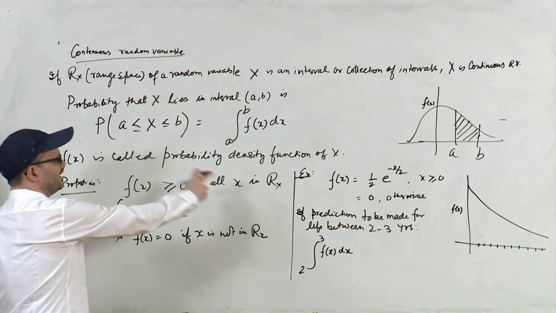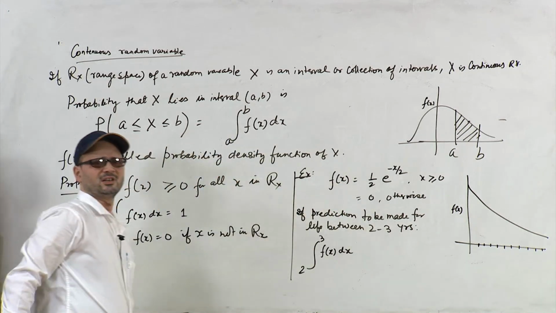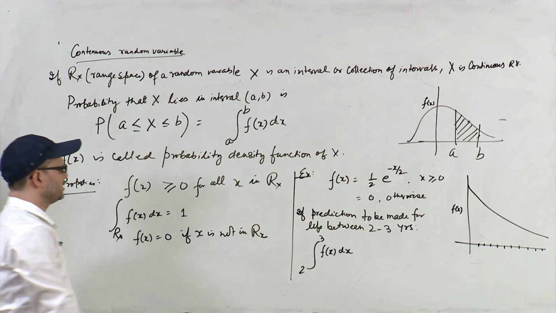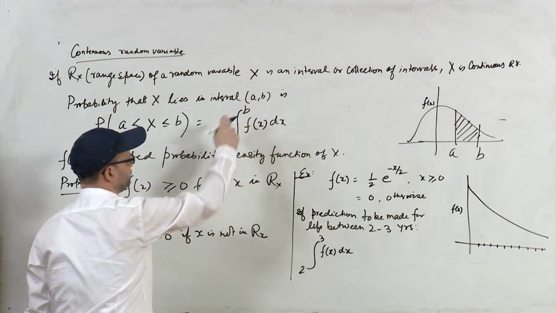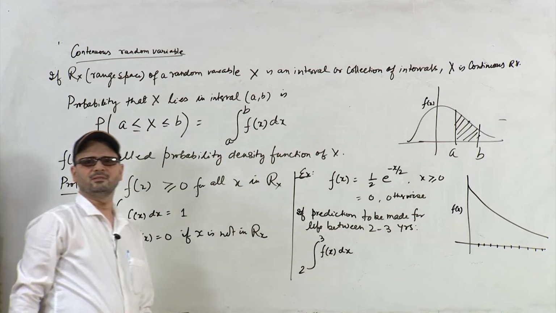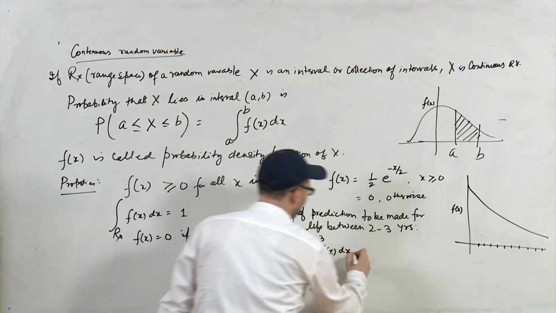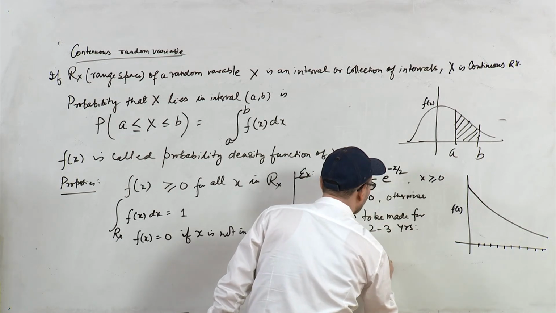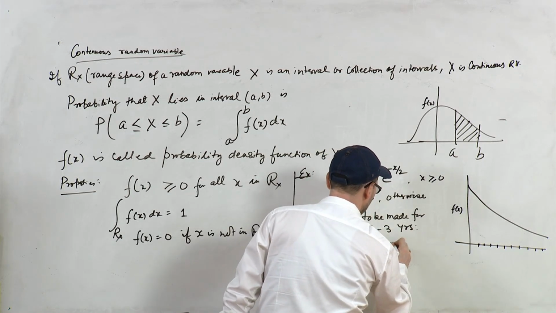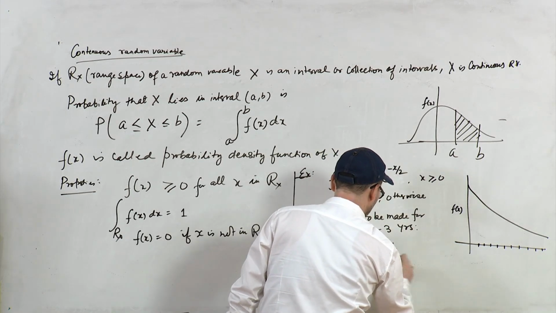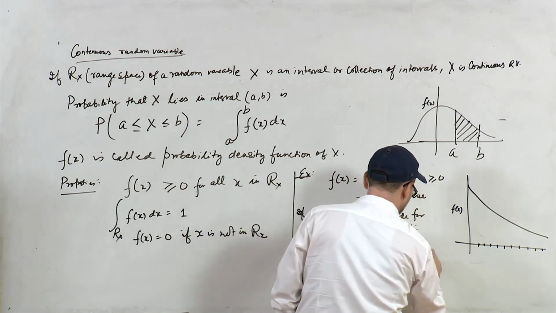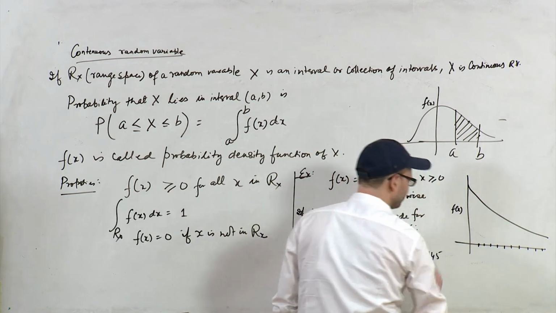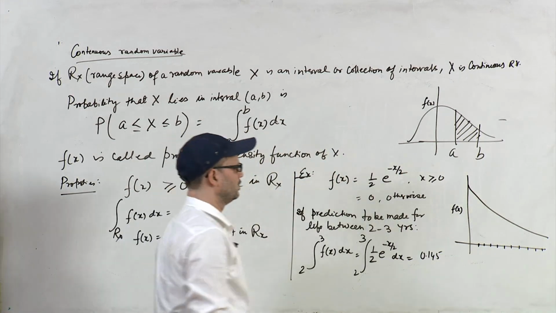The probability that the life of this product will be between 2 to 3 years will be the integral of f(x) dx from a to b. So, you will have the integral from 2 to 3 of half e raised to the power minus x by 2 dx. If you compute this value, you will get 0.145.